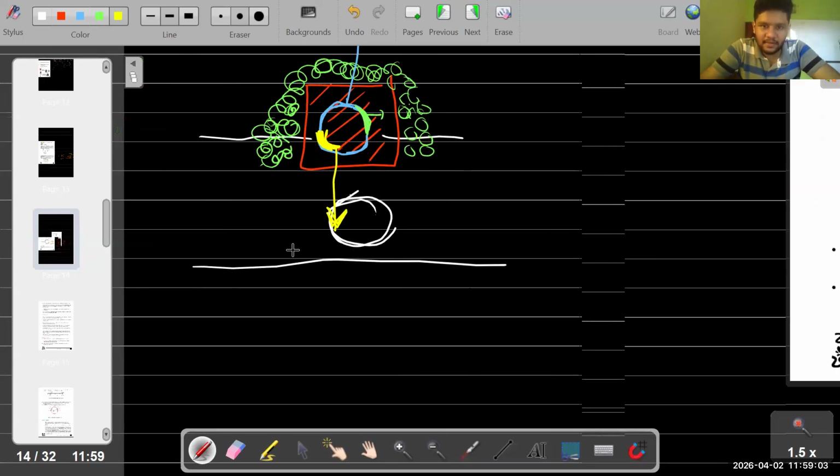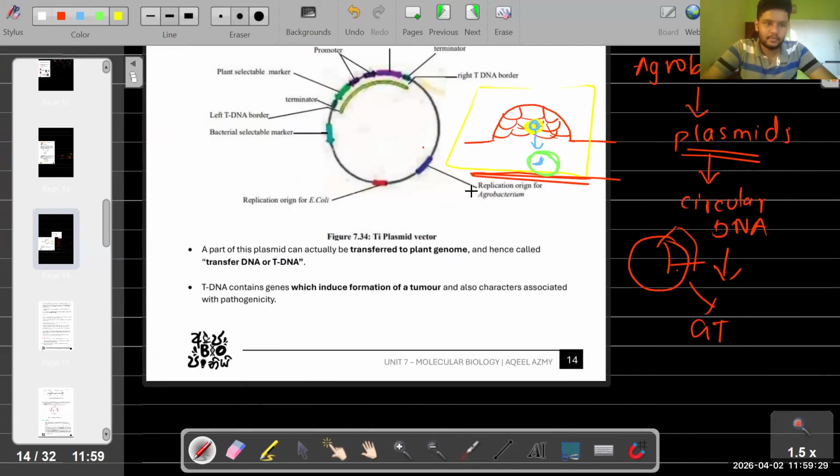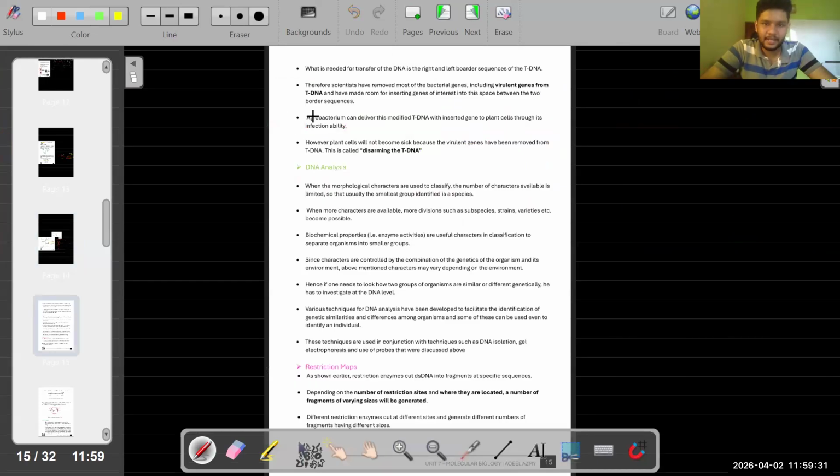Now this yellow color is the one that is the reason why agrobacterium is pathogenic. If we remove this yellow color, what happens? Now just think, this yellow color is the one that is causing it to be pathogenic, right? Correct? Will you agree with that? Transfer DNA, it is inducing the pathogenicity, right? Wait, we'll move to the next part and I'll explain it again.